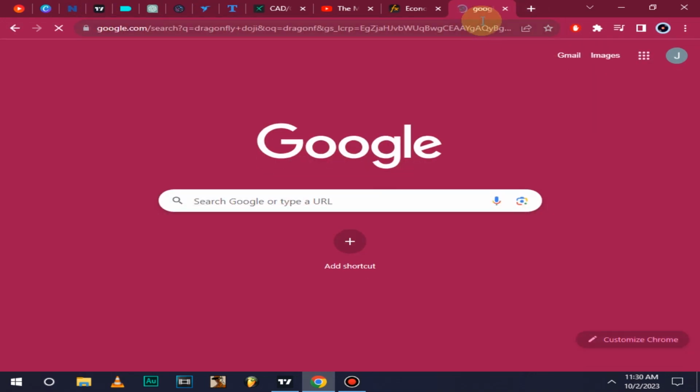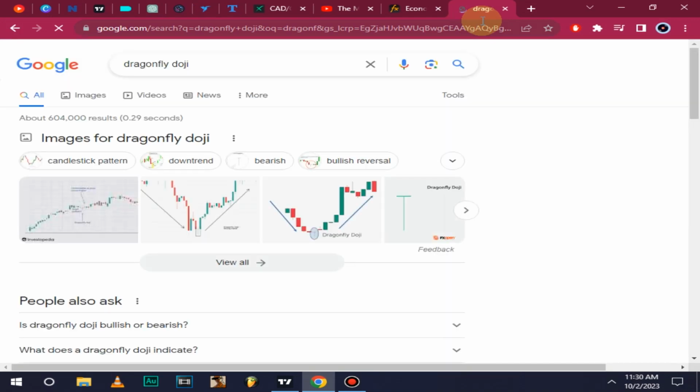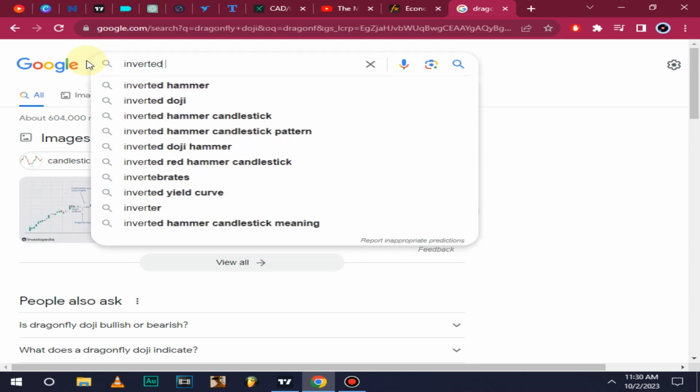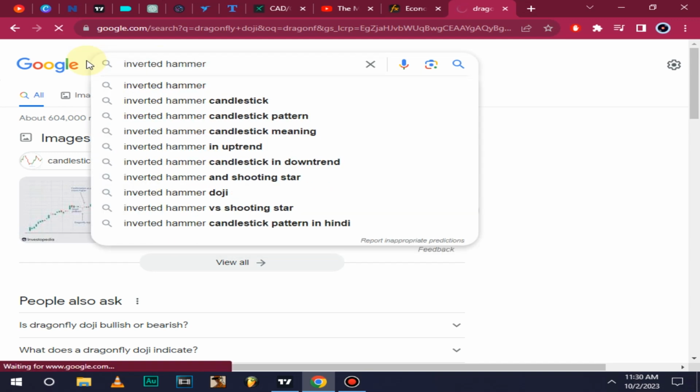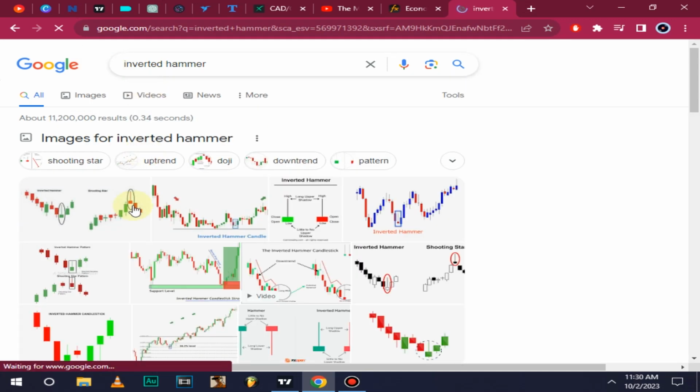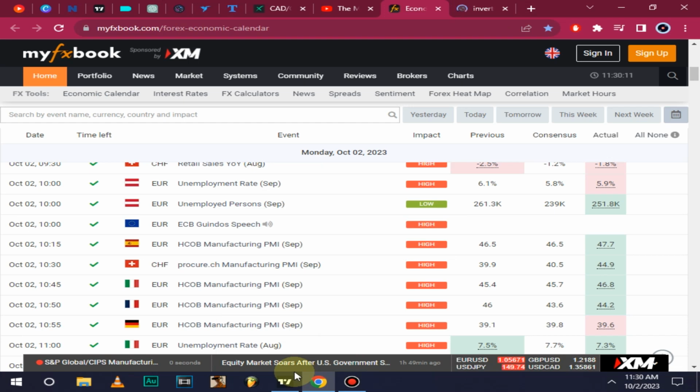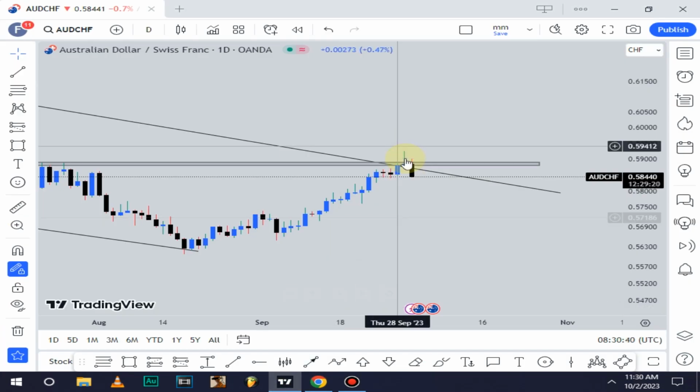Is it an inverted hammer or dragonfly, whichever? Okay, so let's see. Inverted hammer. Yeah, so I was right. Inverted hammer. So let's continue. This is what I'm talking about. That's just another signal for reversal.